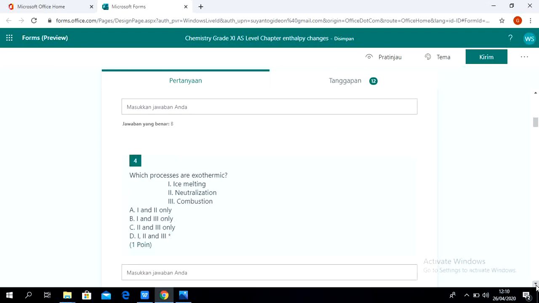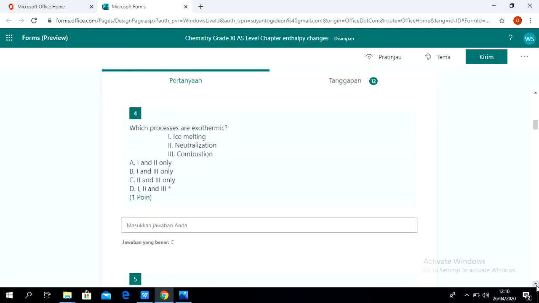Okay, next question, which processes are exothermic? Ice melting, neutralization, or combustion? From the previous question, we know that neutralization and combustion, both of them are exothermic because heat energy is given out. Now, let's see ice melting.